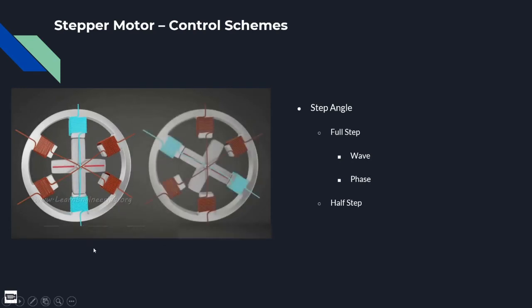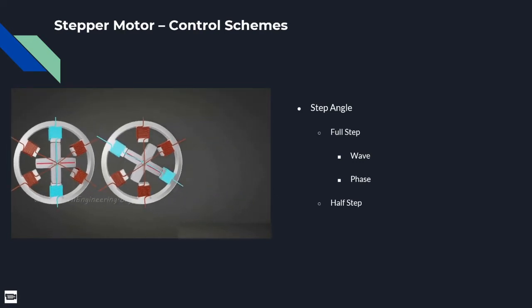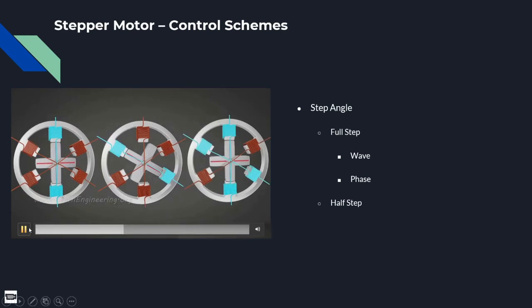Whereas if you consider a phase scheme, two coils will be energized simultaneously. Let's see this particular diagram. The third diagram shows that at any point of time, two phases are energized simultaneously. Why do we require such a control scheme?